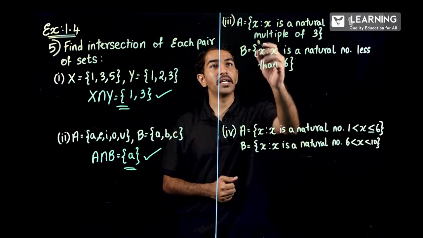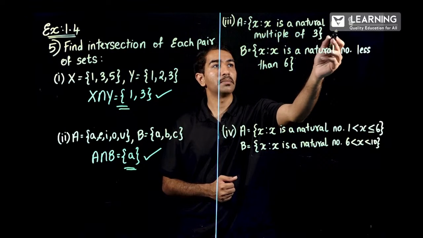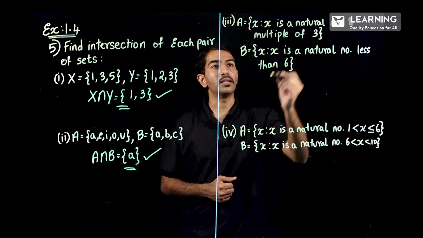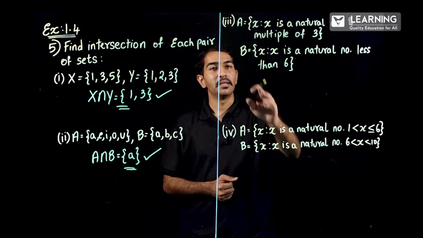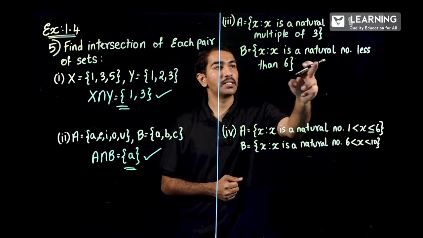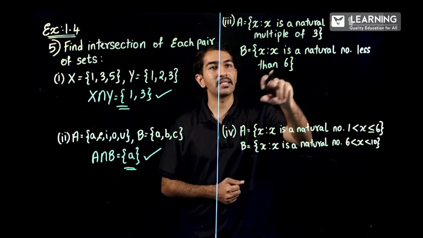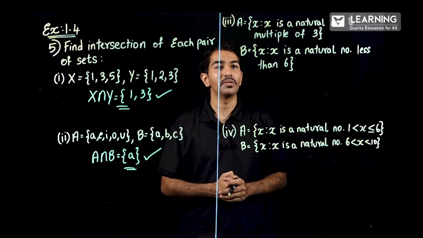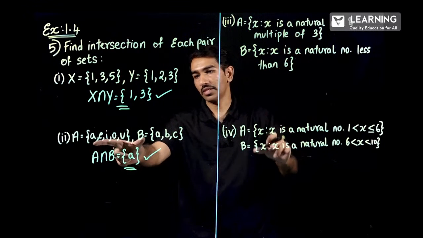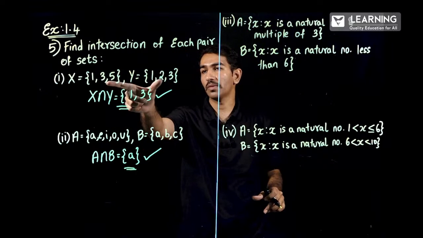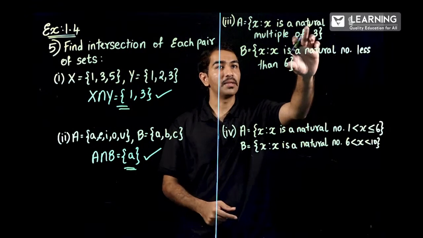A is equal to x such that x is a natural number and a multiple of 3, alright. B is equal to x such that x is a natural number less than 6. So, it was given in roster form earlier, and here it is given in set builder form.